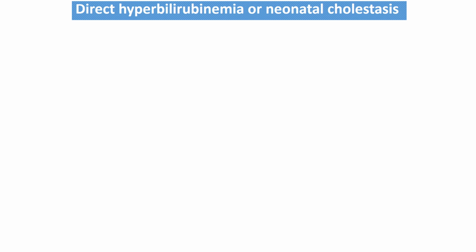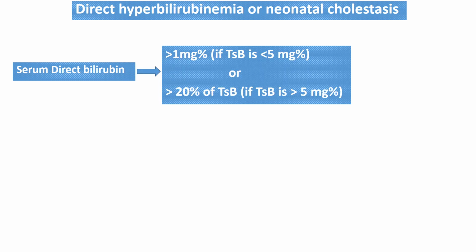So first thing, how will you define neonatal cholestasis, or we can say direct hyperbilirubinemia or conjugated hyperbilirubinemia. If you find that serum direct bilirubin is more than 1 milligram percent if the total serum bilirubin is less than 5 milligram percent, or more than 20% of TSB if TSB is more than 5 milligram percent.